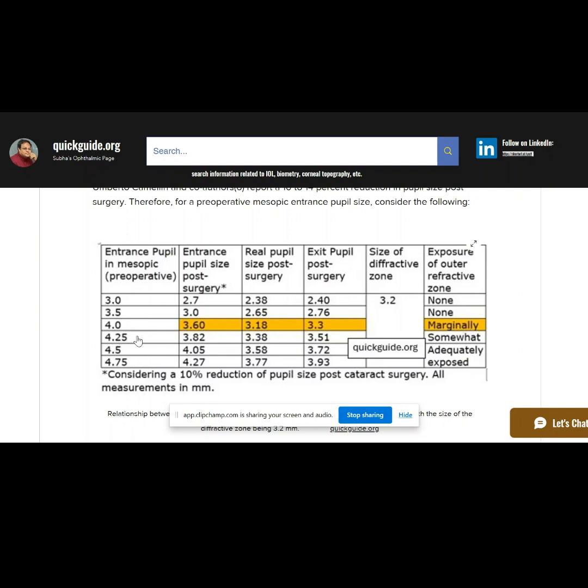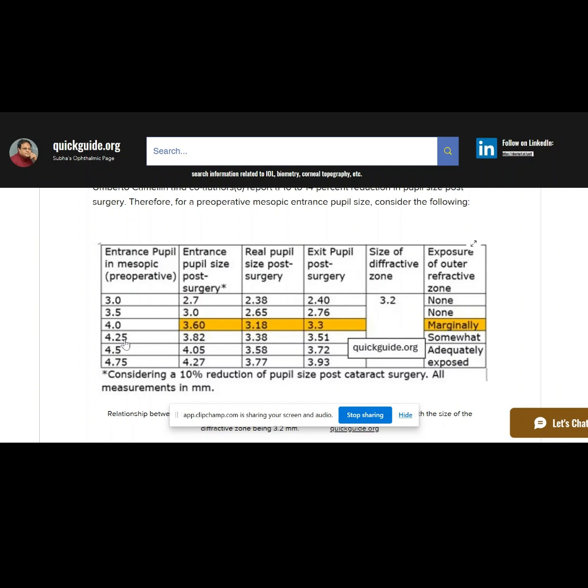So ideally, the patient's entrance pupil should be 4.25 millimeters, which you measure with the IOLMaster or the Lenstar. It should be more than 4.25 millimeters to help the patient get the benefit of the outer refractive zone while driving or crossing the streets at night. Only then does he actually get the benefit of the outer refractive zone.